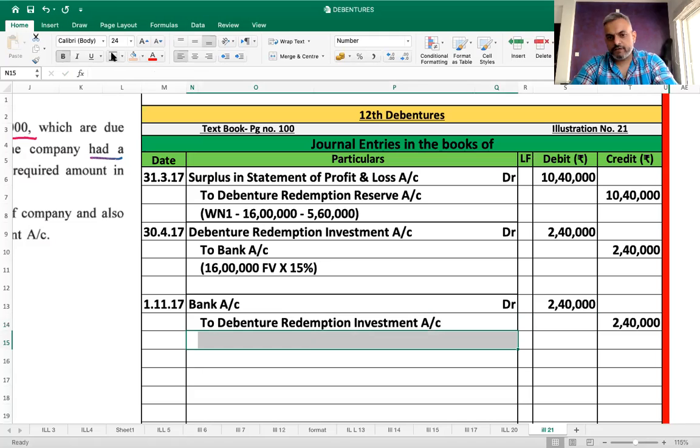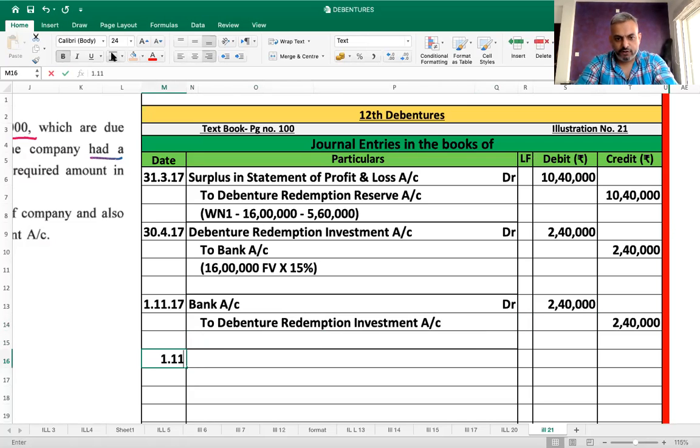Because the rate of interest of the investment, or at what rate it is invested, is not given directly, or else we would also have to write the entry for interest received till the time we redeemed it. Okay, so that has to be done. Now over here it's not there, so we directly go with it.